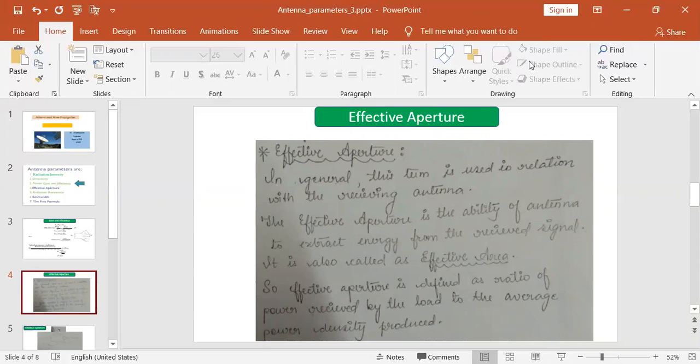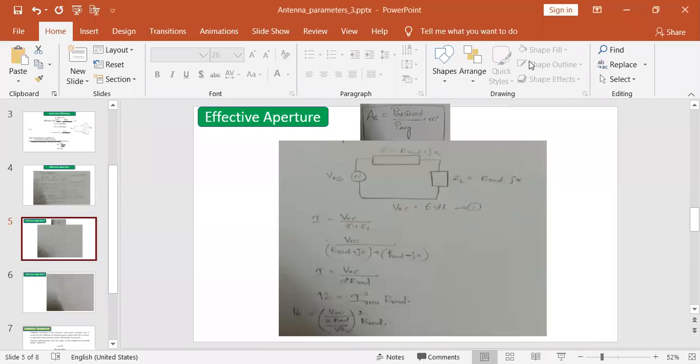Effective aperture is defined as the ratio of power received by the load to the average power density produced. So effective aperture A E is equal to P received by P average.